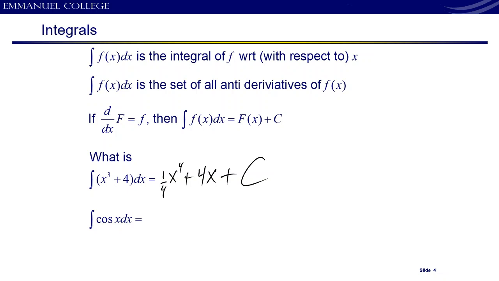Antiderivative of cosine of x. And one thing I didn't state here, and this is nice, notice when I did the antiderivative of the sum, I just said, okay, what's the antiderivative of this plus the antiderivative of this? Like derivatives were a linear operation, integrals themselves are also linear.